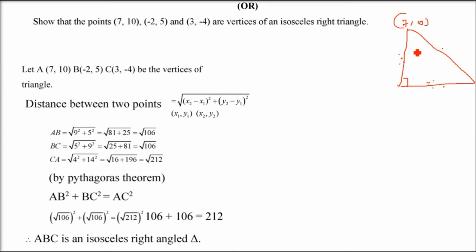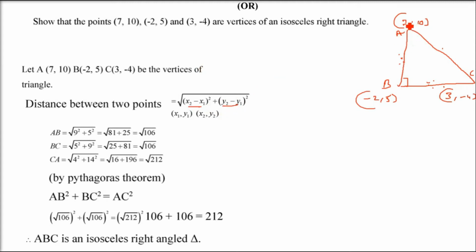So I am naming the points A, C and B. C is (3, -4) and B is (-2, 5). Let us find the distance. Distance will be the square root of (x2 minus x1) whole square plus (y2 minus y1) whole square.